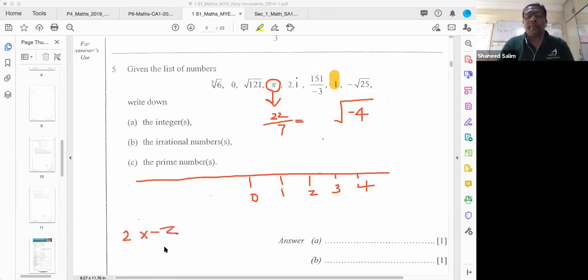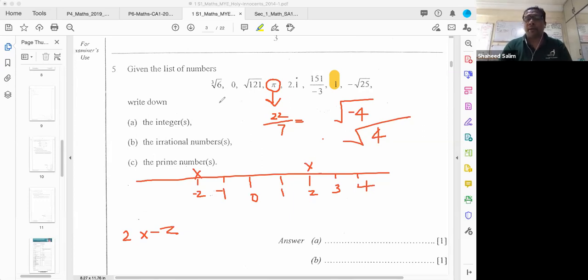But 2 and -2 are two different numbers. Let me show you where -2 is. -2 is located here. 2 is located here. These are not the same number. They are two different numbers. That's why they say error. Whereas square root of 4, you can find. It's 2 times 2. You get 2. So you can mark it down here.